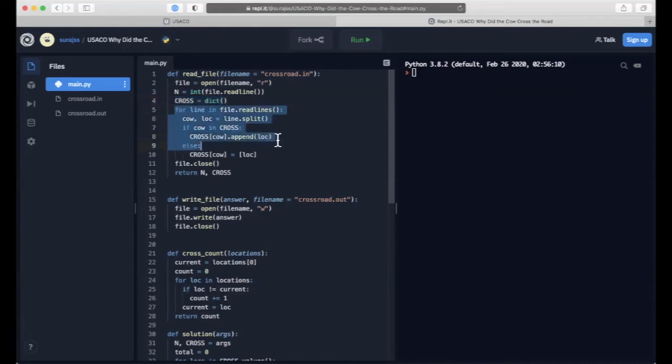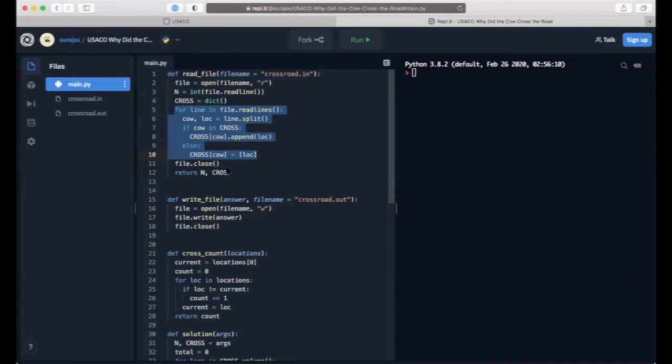So I read that in, and it's going to be a dictionary where the key is the ID of the cow, and the value is the list of locations that they are seen at, in order.